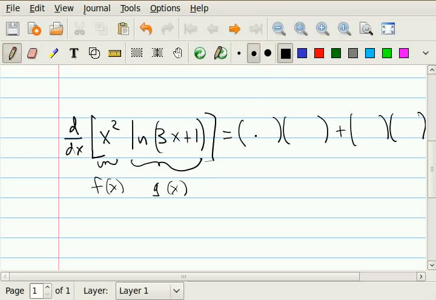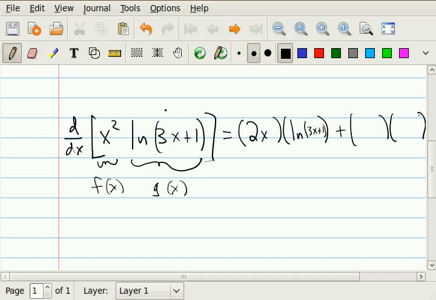But first I have the derivative of the first function, which is 2x. The derivative of x squared is just 2x. Then I multiply that by the original second function, natural log of 3x plus 1. Sorry for the small writing there. And now I have to add it to, and again the book I think says g prime times f, or f times g prime, either way. So it's the derivative of the second function, and for that I need the new rule.